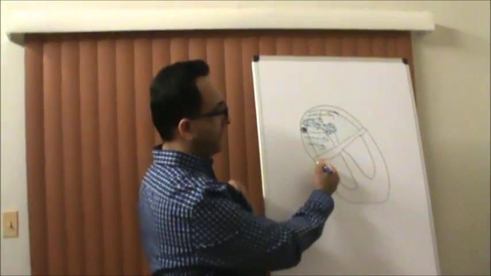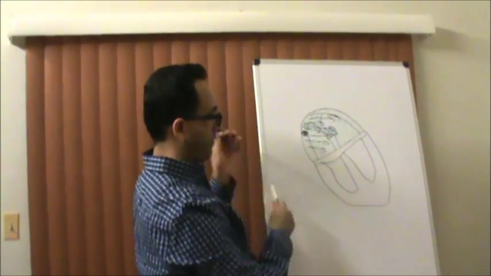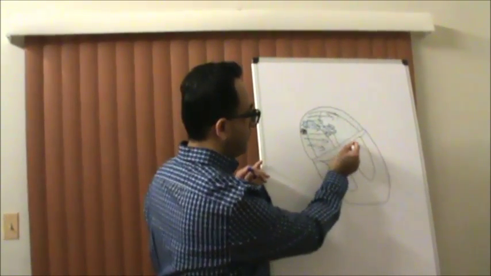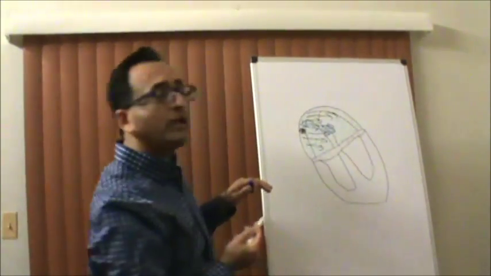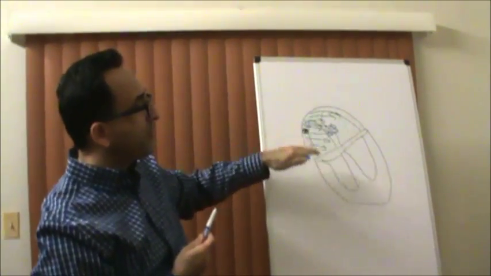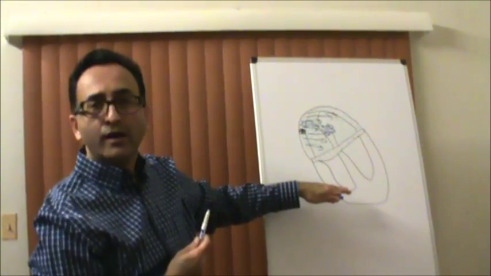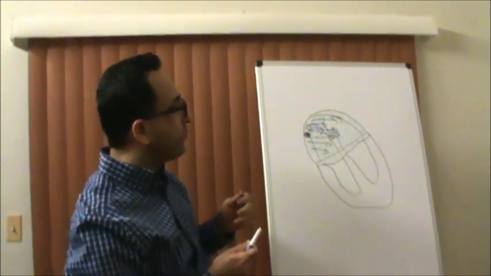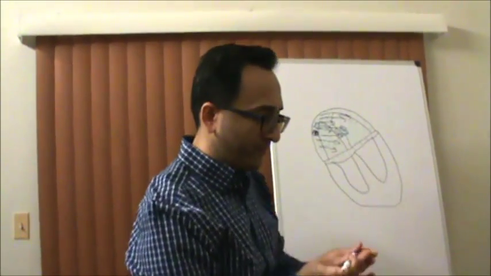Now there is a fiber insulation here. So nothing goes from atrium to ventricles except for one window.